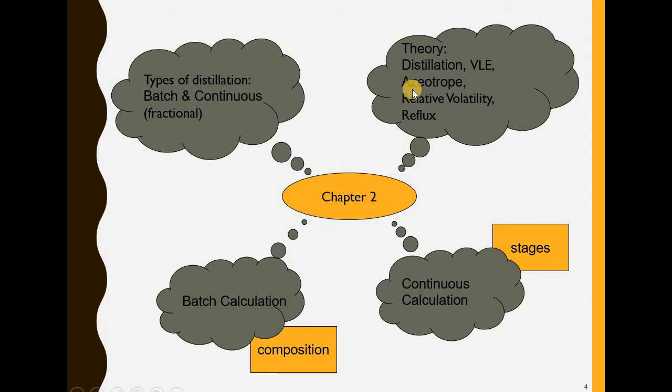We will also learn about azeotrope condition, relative volatility, and the reflux. These are all the very important terms in chapter 2. For the calculation, usually for batch calculation we will calculate the composition of the component, and for continuous calculation we will usually calculate the number of stages.